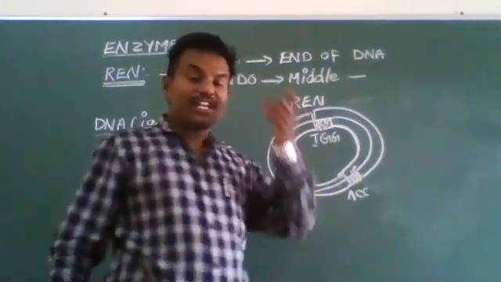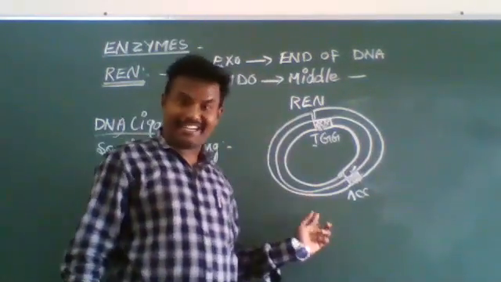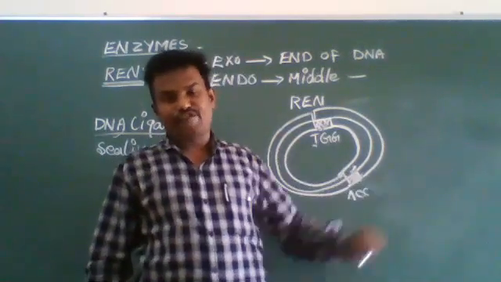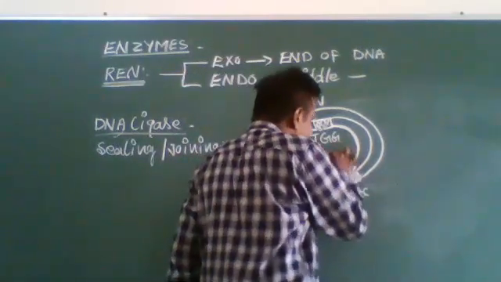A single circular plasmid is formed. This plasmid contains its own DNA as well as foreign DNA. This is called recombinant DNA.